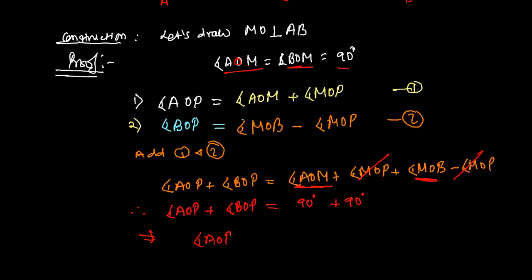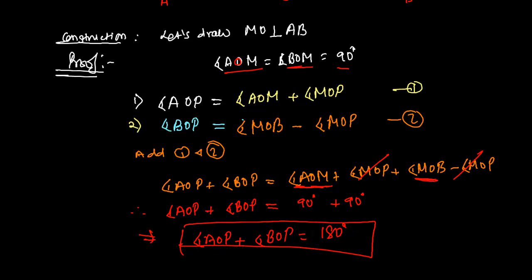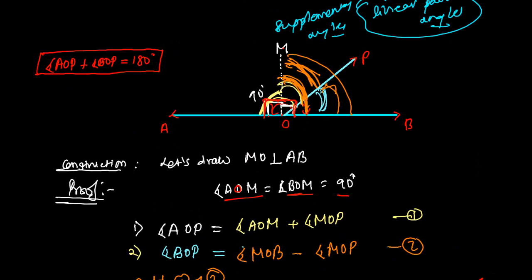This is what we needed to find: angle AOP plus angle BOP forms 180 degrees. AOP and BOP are the initial adjacent angles that we had, as shown in the figure. So finally we proved that AOP and BOP make 180 degrees.